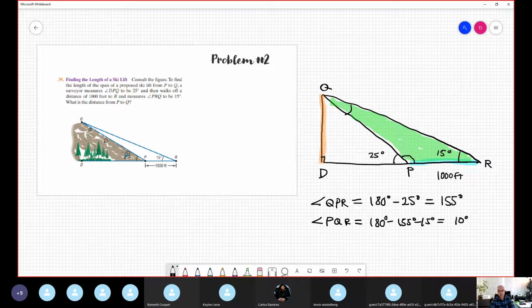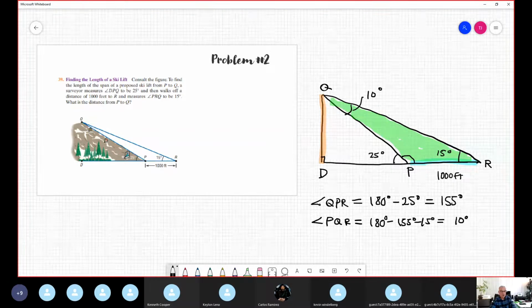It makes sense because it's a small triangle, 10 degrees. So we have all three interior angles of this triangle. Good. I like that. And so I will be able to find any side. And remember, my goal is PR, no?